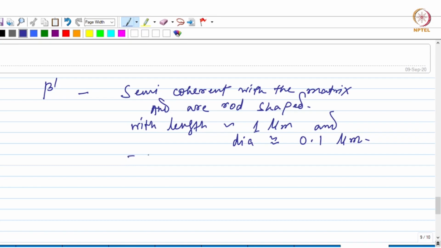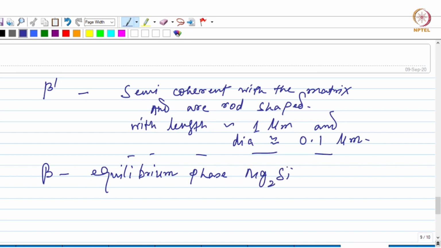Okay, so this is the precipitation sequence for the 6000 series alloys, where the main precipitate is the beta prime. And as I said, beta of course is the equilibrium phase. And this has an FCC lattice with the lattice parameter 0.639 nanometer.